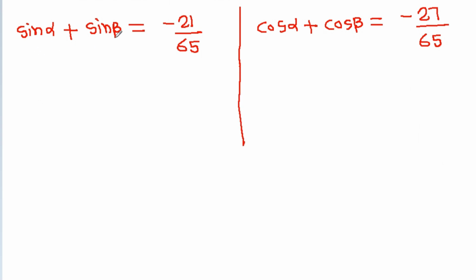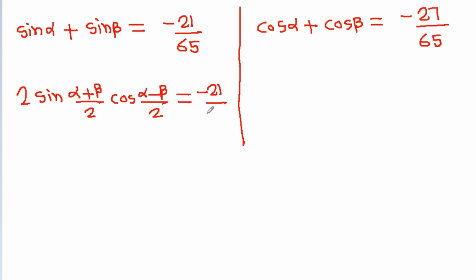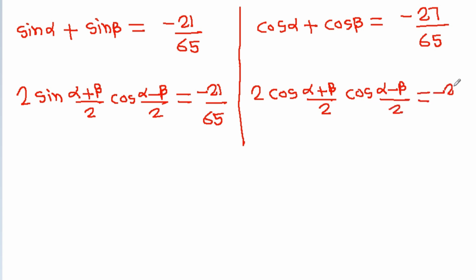Sine alpha plus sine beta is equal to 2 times sine of (alpha plus beta) by 2 times cos of (alpha minus beta) by 2, that is equal to minus 21 by 65, and cos alpha plus cos beta is equal to 2 times cos of (alpha plus beta) by 2 into cos of (alpha minus beta) by 2, that is equal to minus 27 by 65. Suppose this is equation 1 and this is equation 2.